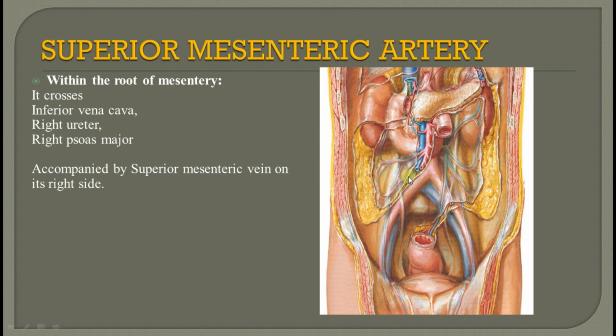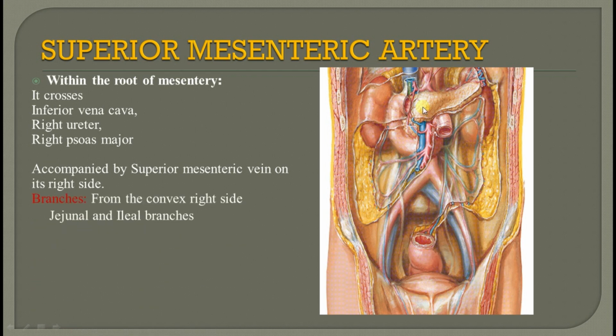Then it will cross the inferior vena cava. So you are able to see the inferior vena cava. All these are crossed by the superior mesenteric artery when it is going within the two layers of the mesentery. The same structures which are crossed by the root of mesentery are crossed by this one also. Only thing, you have to exclude the abdominal aorta.